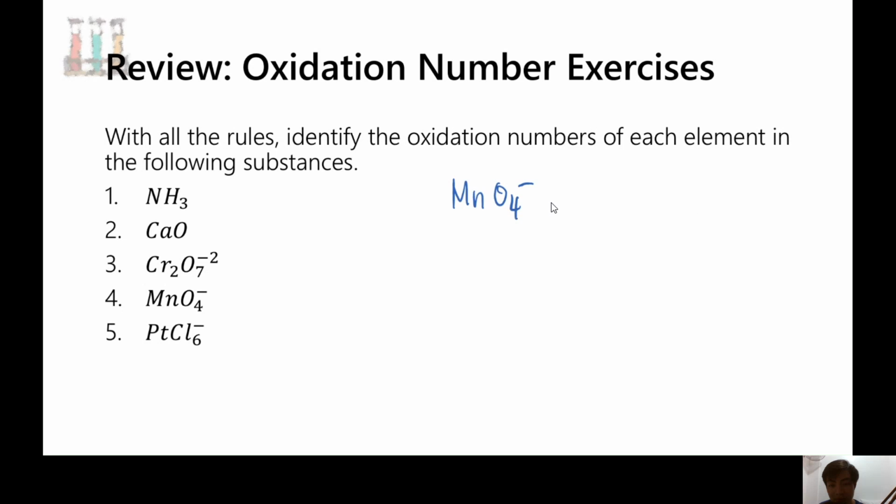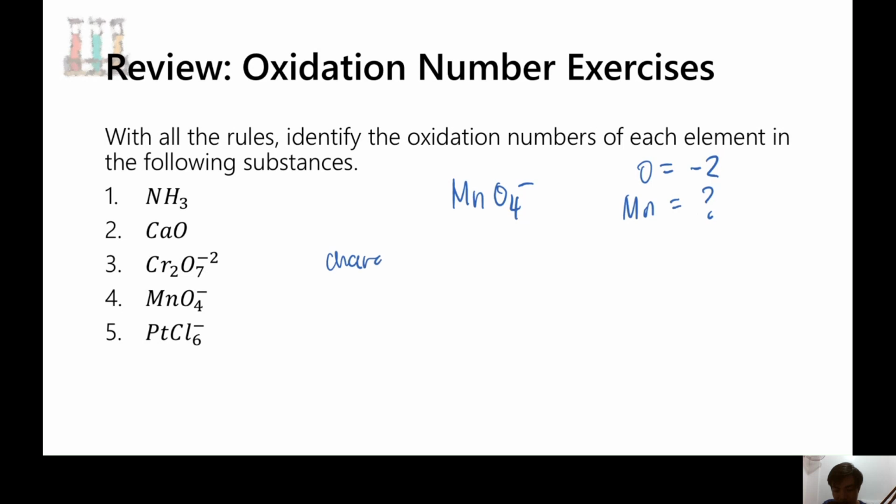So again, when oxygen is paired with any metals other than group 1 and group 2, its oxidation number is always -2. So that means yung manganese, hindi natin alam. So let's solve na. Let's construct the formula muna.